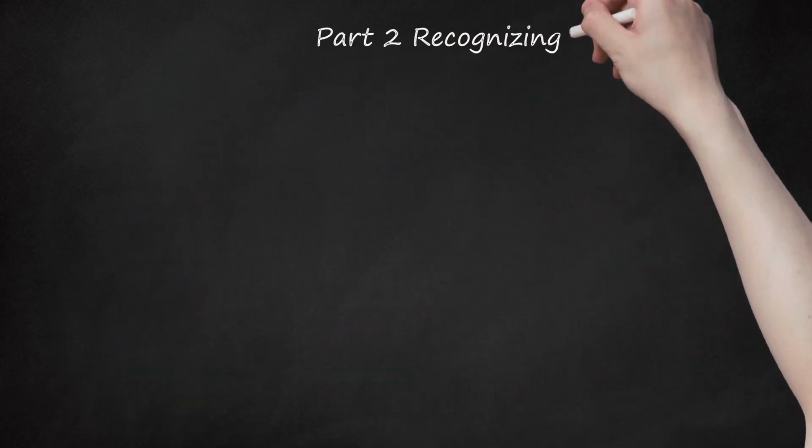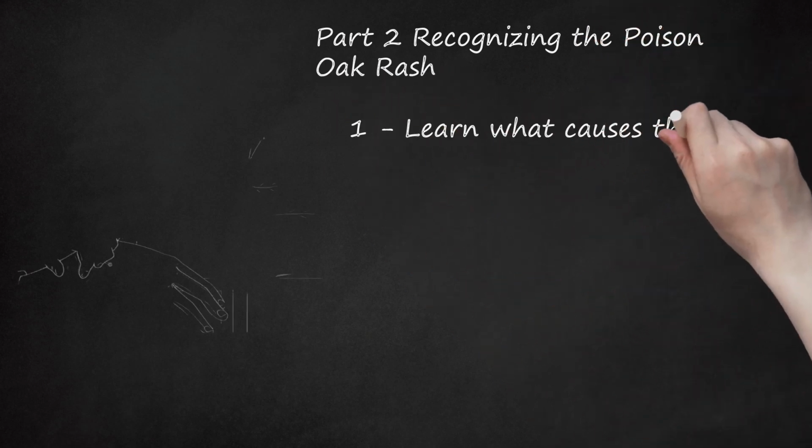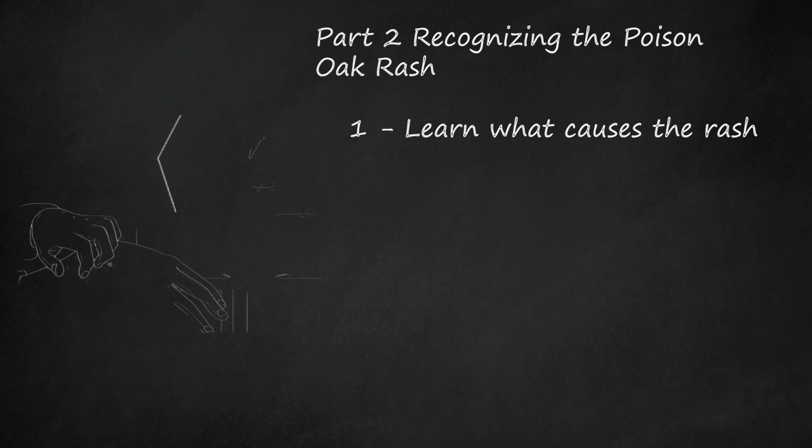Part 2: Recognizing the poison oak rash. 1. Learn what causes the rash. Both the leaves and the stems of poison oak contain Urushiol, an oily plant substance that triggers an allergic reaction in the form of the poison oak rash. Urushiol can also be found in the roots and even in the dead plant.